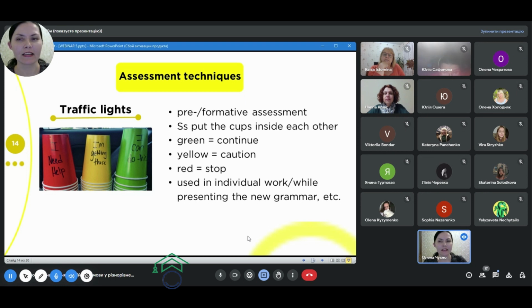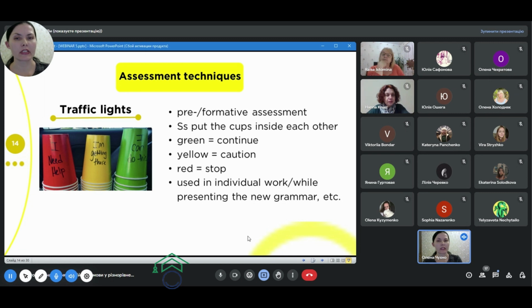Okay? Yellow cup means that they have several issues. It's like 50-50. They have understood something, but still they have questions. And the red color means that they do not understand you at all, and you need to explain in different words.